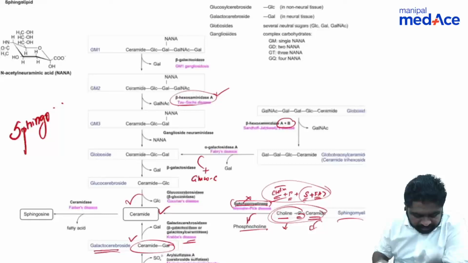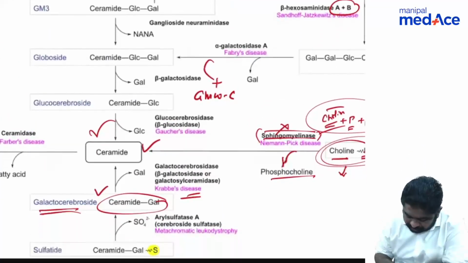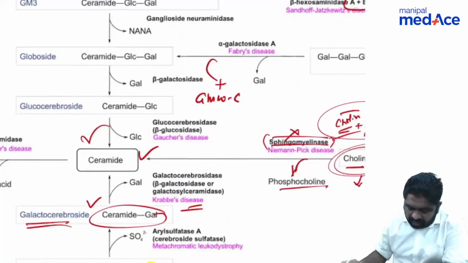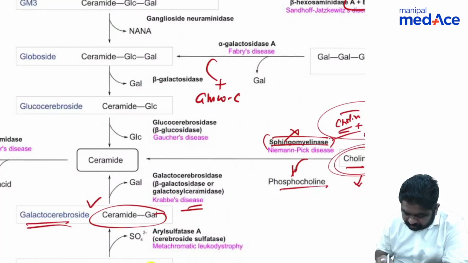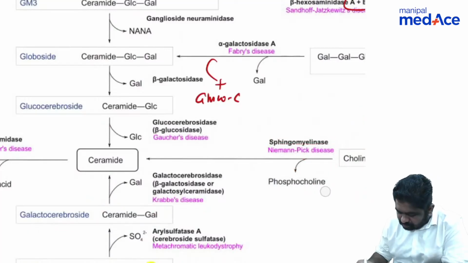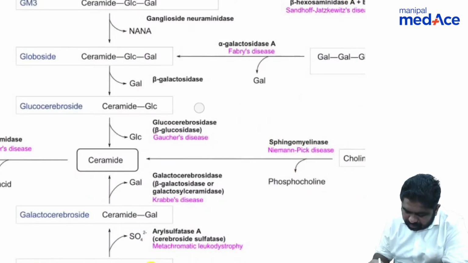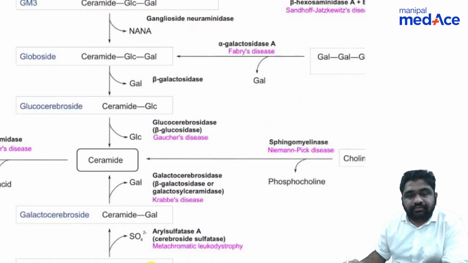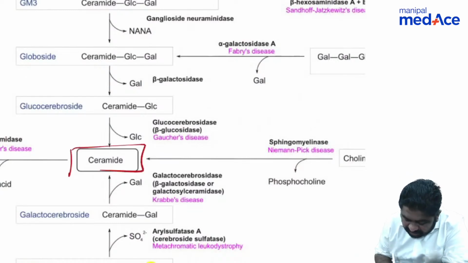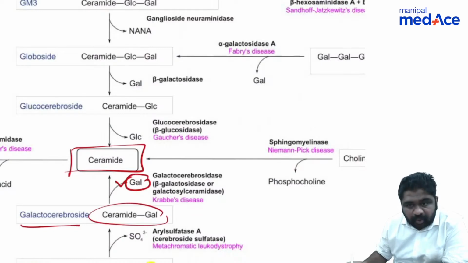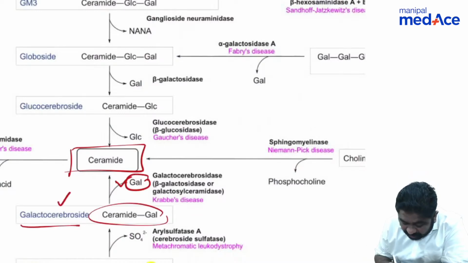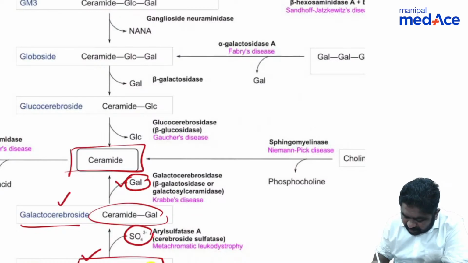Look at this portion. Here we have a ceramide. To the ceramide we add galactose, it becomes galactocerebroside. And now to the galactocerebroside, if I add a sulfate, it is sulfated galactoceramide, referred to as sulfatide.